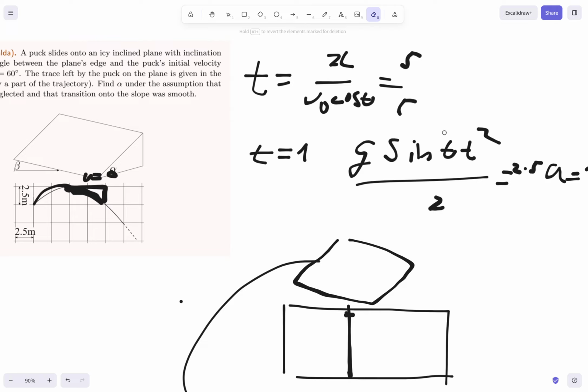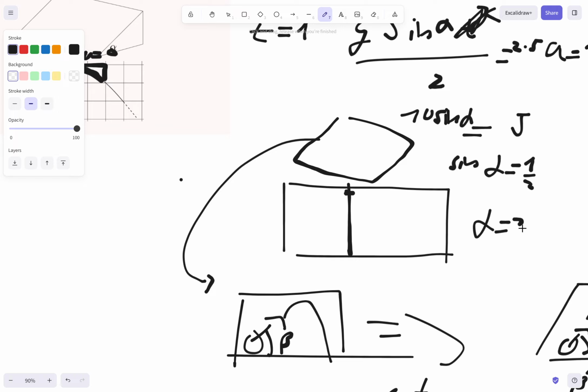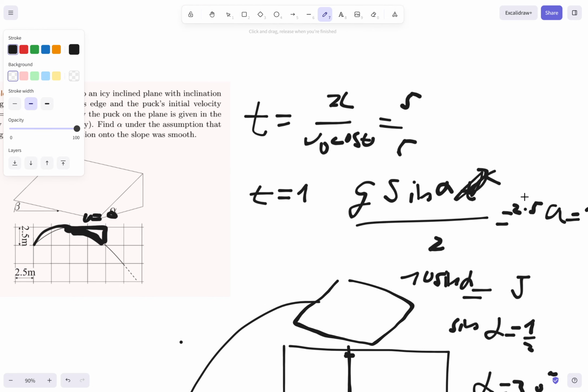Oh, shoot. Wait, sorry. Sine alpha times 1, 5 equals 10 sine alpha. Sine alpha equals 1/2, and therefore alpha equals 30 degrees. So that is the easier way to do it. But now we have two ways to do it.